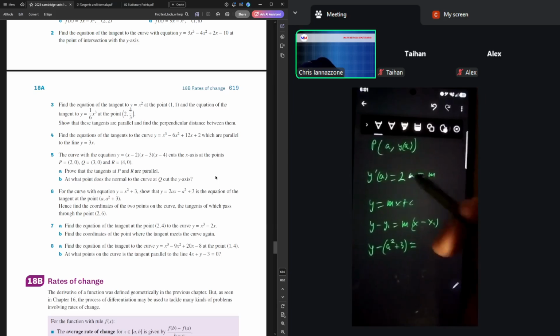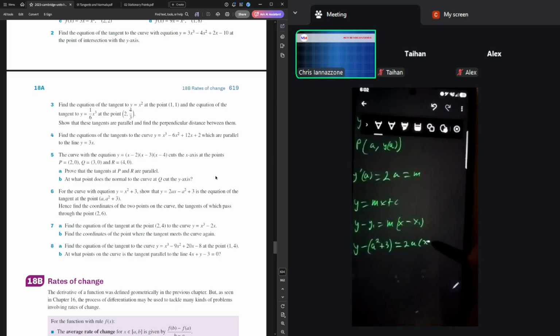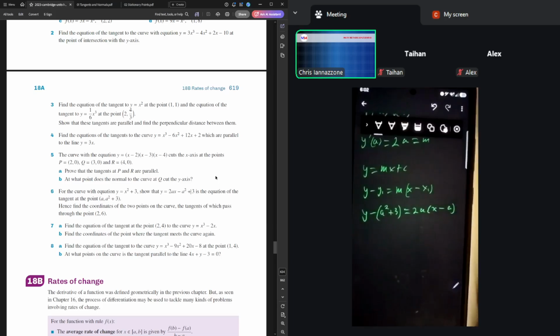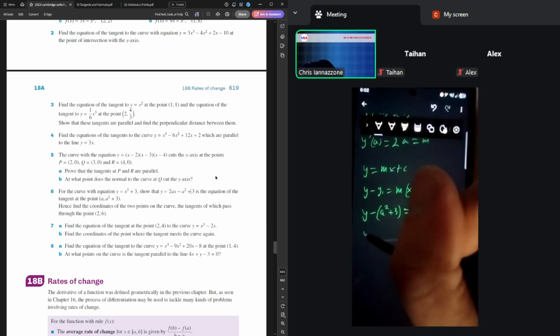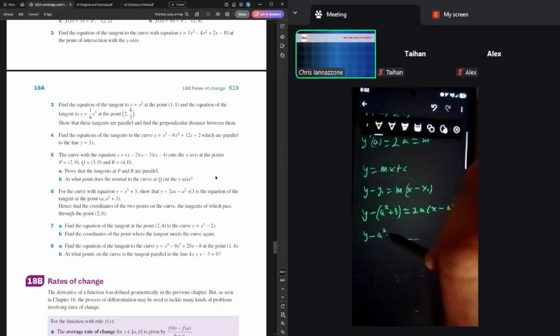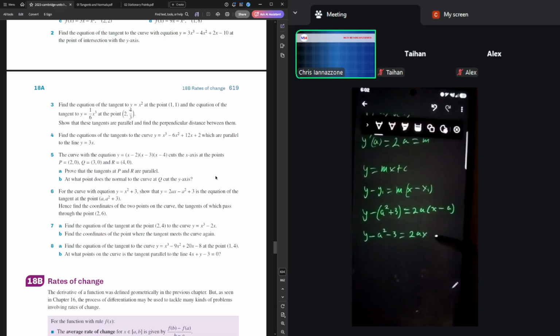Equals our m gradient, so 2a times x take x1, where x1 is our x coordinate of a. Now all we're doing is rearranging. So that'll be y minus a squared minus 3 is equal to 2a x minus 2a squared.